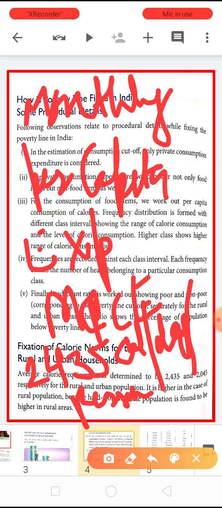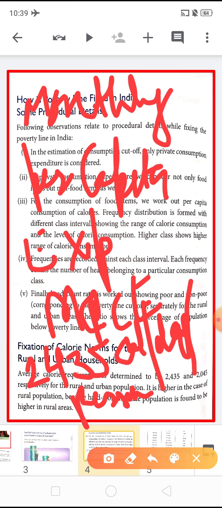This will be considered for determining the poverty line. A higher calorie intake has been fixed for the rural areas because the rural worker has to do greater physical work as compared to the urban areas.